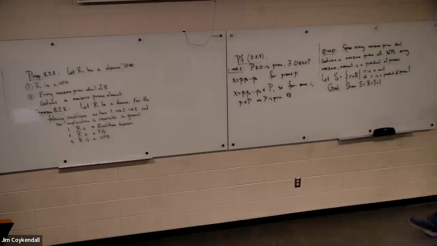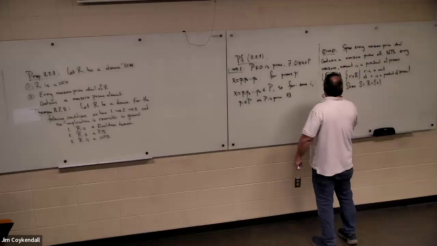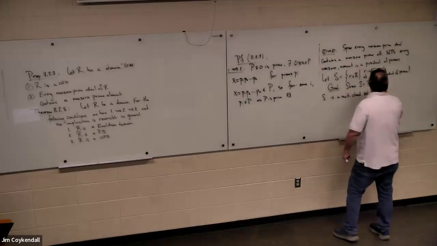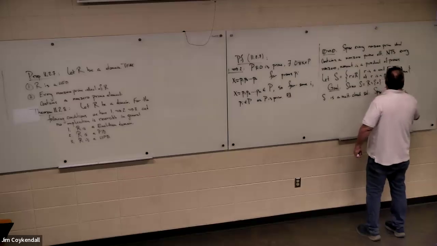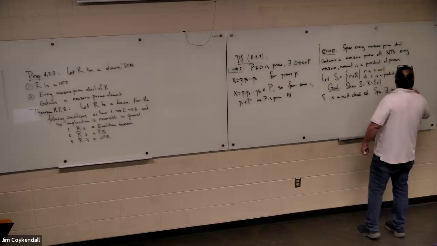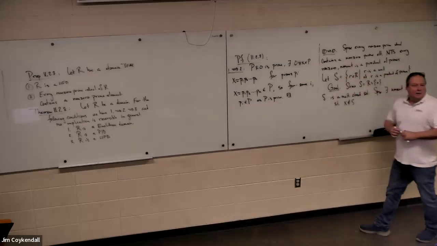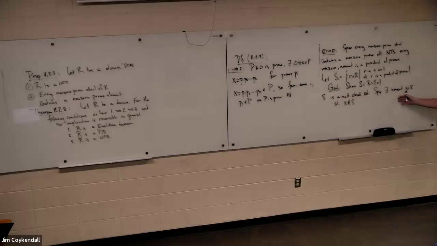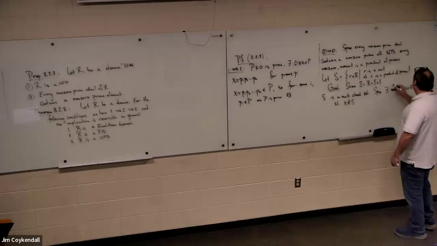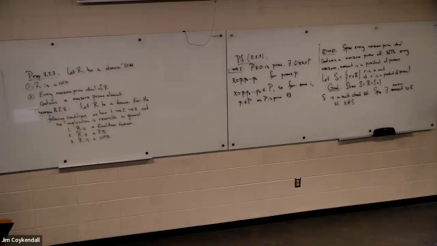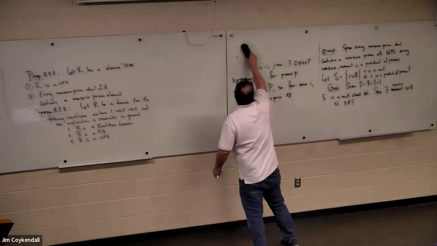Now, S is a multiplicatively closed set. Suppose there exists a non-zero element x in R such that x is not in S. So let's just suppose, for the sake of giggles, that there's a non-zero element that's not in S. Now, I want to consider the following.